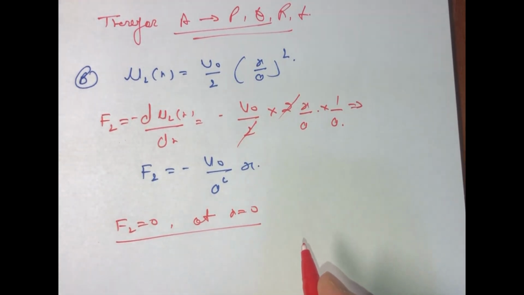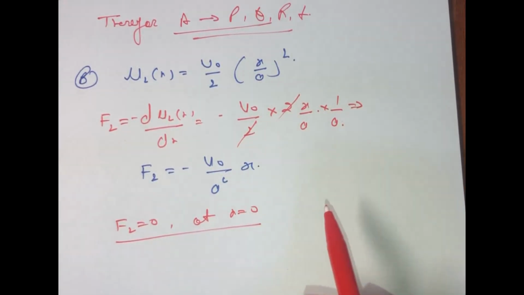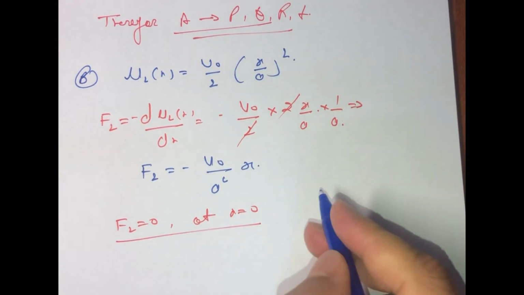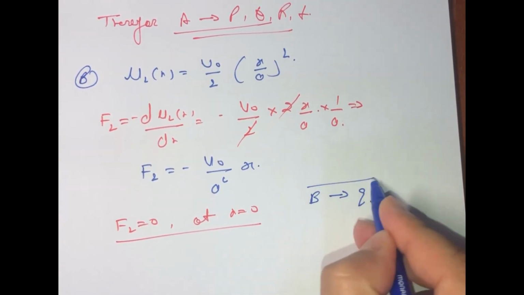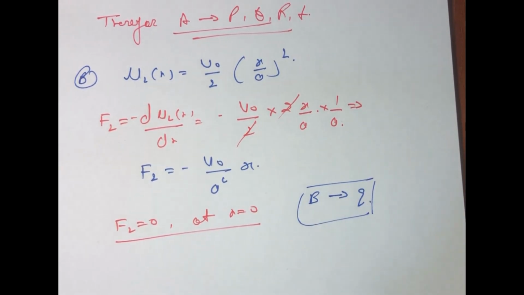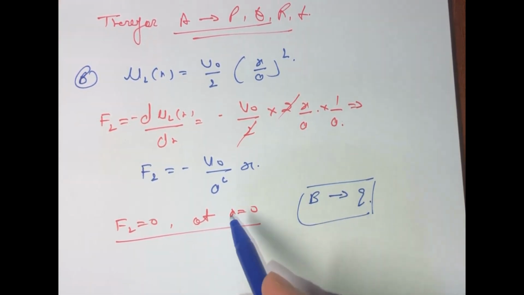It means only option Q is true for B. From here we can say that B is having right now Q as the correct option, among at least the first 3. P cannot be because there is no A dependence; there is only one variable, that is x.